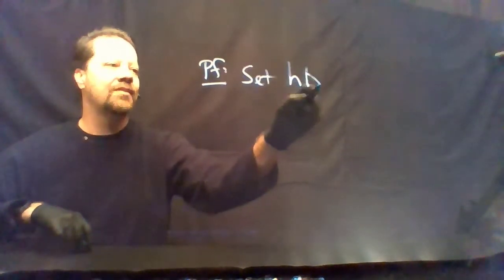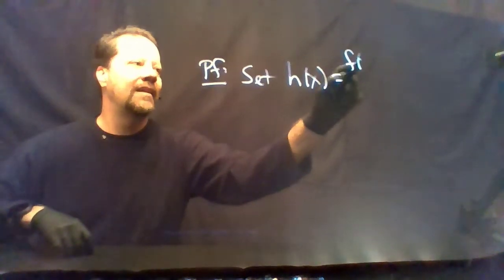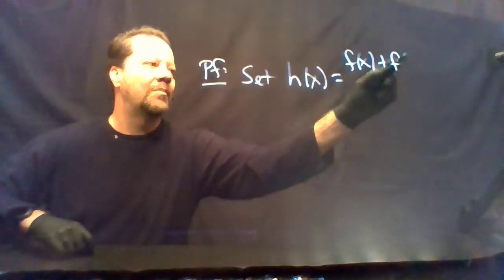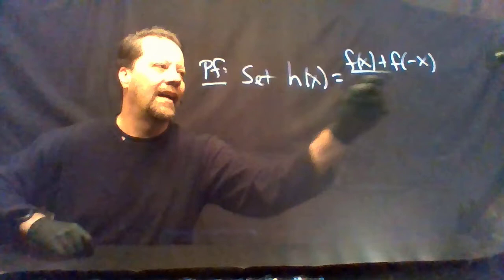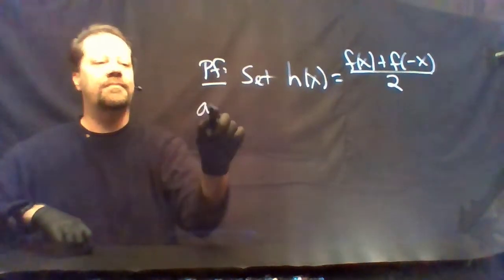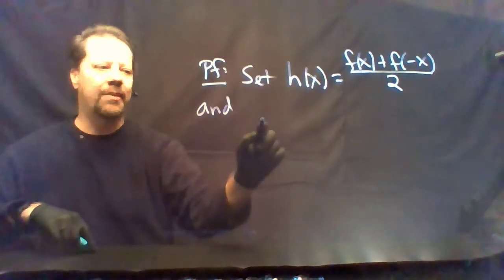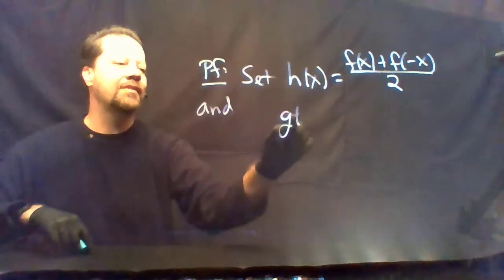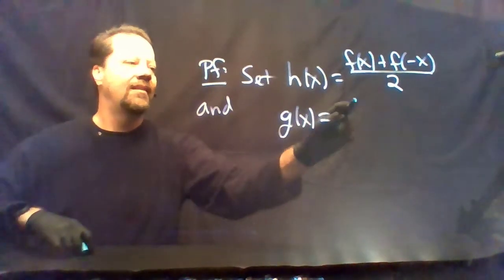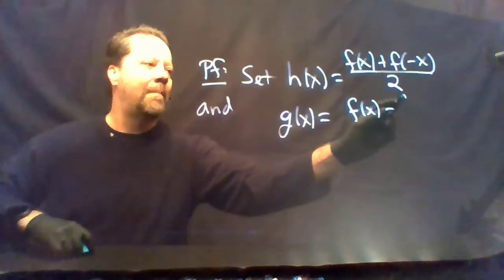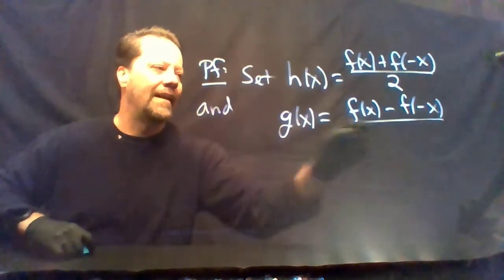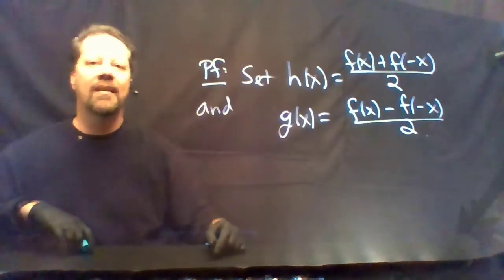Set h of x to be f of x plus f of minus x divided by 2. That will be the even part. And g of x equal f of x minus f of minus x over 2.